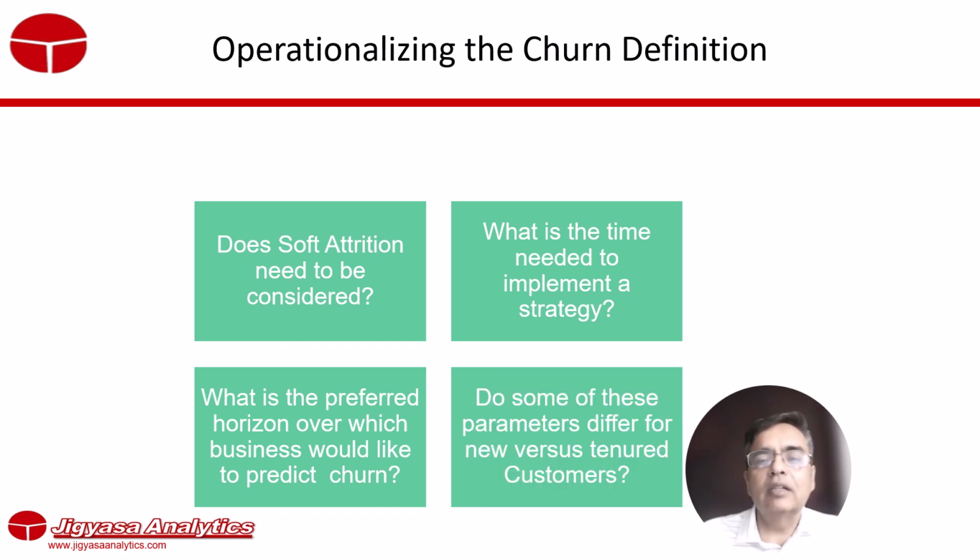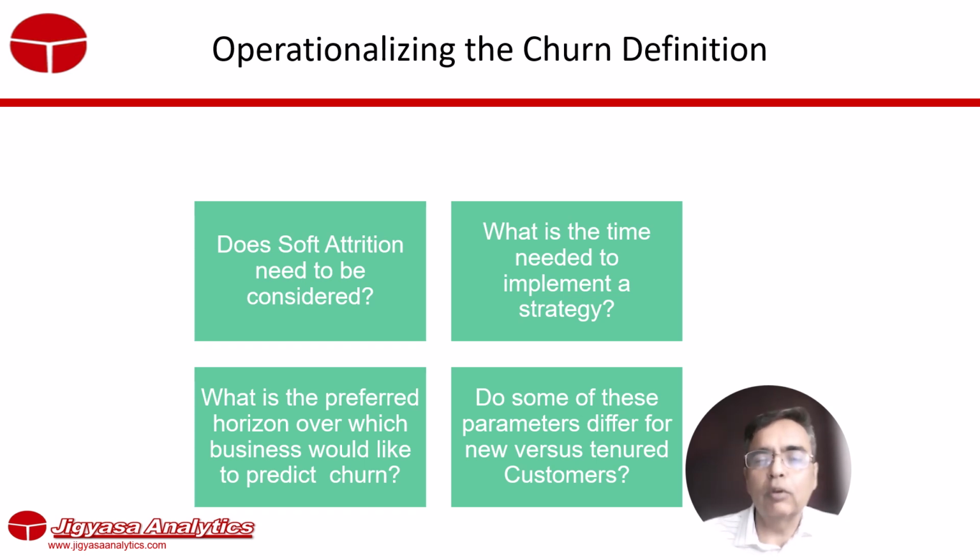And then the final question is, do some of these parameters differ for the different types of customers you have? We touched on that when we talked about the horizon, but it could be true also for your strategy. It also could be true for whether you can consider hard attrition versus soft attrition.